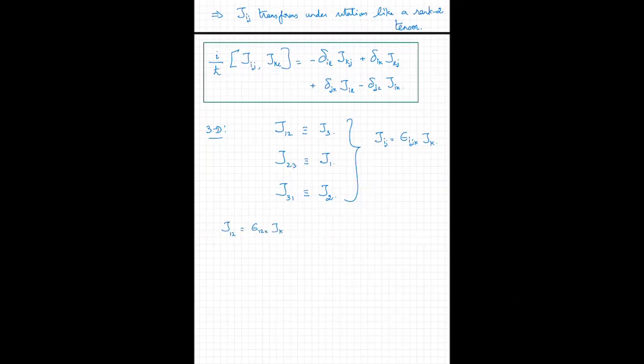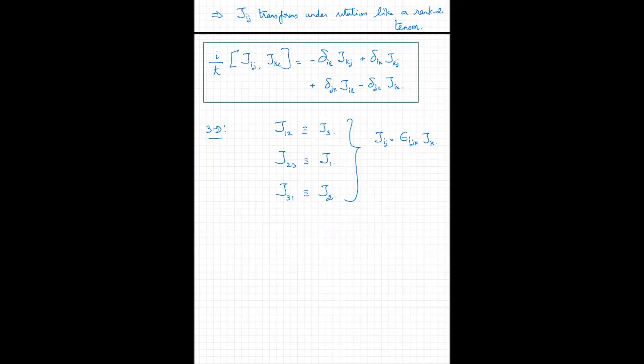So I've put i equals 1 and j equals 2, but since epsilon is a completely antisymmetric index, k cannot repeat itself, so k cannot be 1 or 2. The only value of k is 3, so this is equal to epsilon_123 J_3. And epsilon_123 is plus 1, so this is equal to J3, and so on and so forth. Okay. So this relation should be fairly easy to understand.